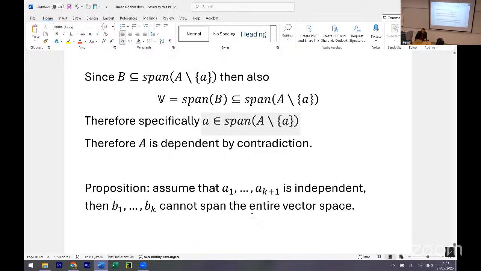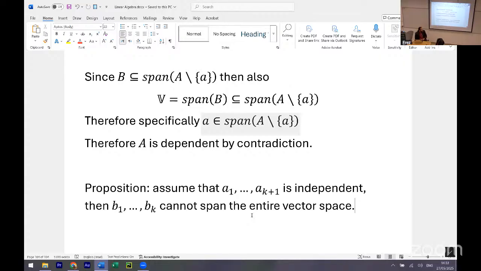I've worded it in a very specific way, but the idea behind it is that there cannot be a larger set of independent vectors than a set that spans the entire vector space.